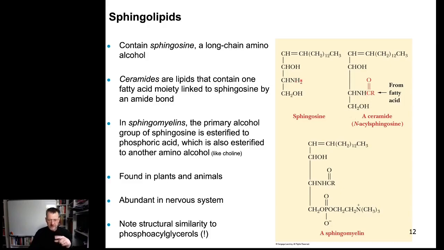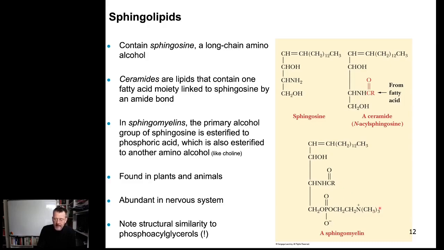Now, going from the sphingosines and the ceramides to the sphingomyelins, you see we connect both the ceramide function here and we esterify the primary alcohol with phosphoric acid, which then is also connected to another amino alcohol. Here it's an old acquaintance again.